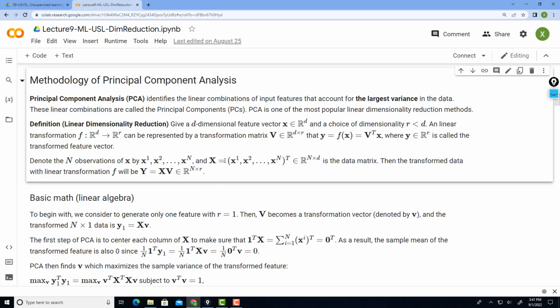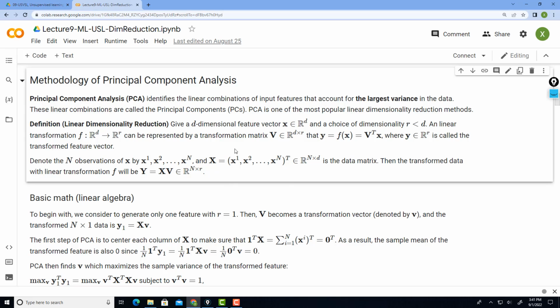Similar to linear regression, if you write all the training samples in matrix form, you can write this capital X as a matrix. Each row is a corresponding observation with a D-dimension feature vector, or D measurements. Each column is a corresponding measurement or feature.